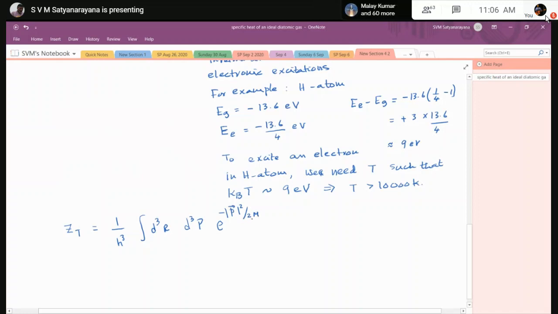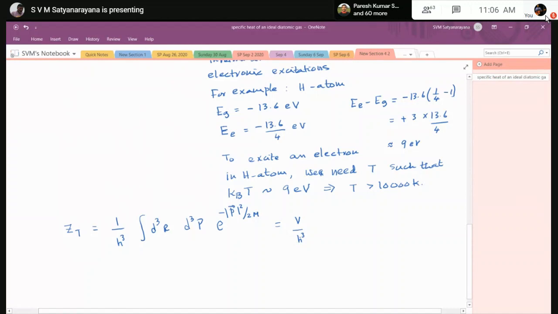Now you can see that this integrand does not depend on the position. So the position gets integrated, so you will get a V out. So V by h cube, okay, V by h cube.